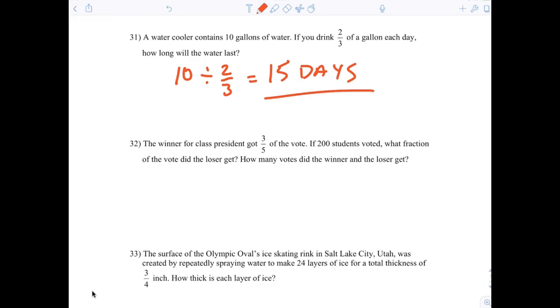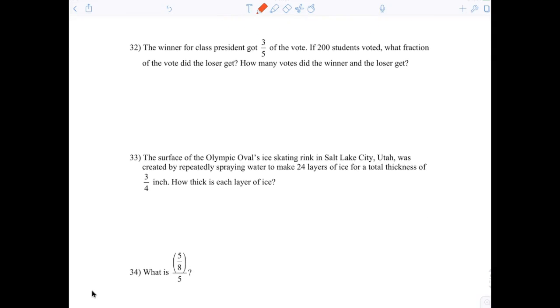All right, now let's take a look at question number 32. Let's see how you're doing. The winner for class president got 3/5 of the votes. Again, I think this was kind of a multi-step problem. If 200 students voted, what fraction of the vote did the loser get? All right, what do I do?